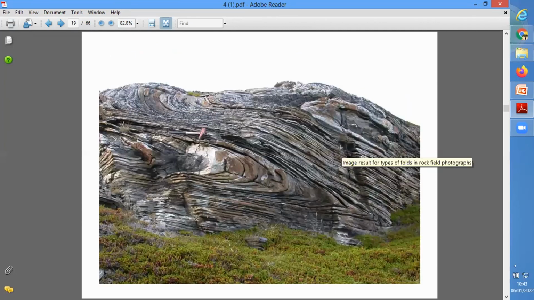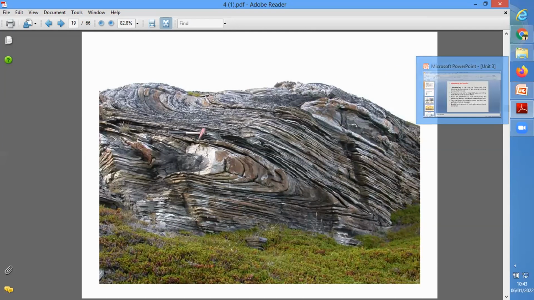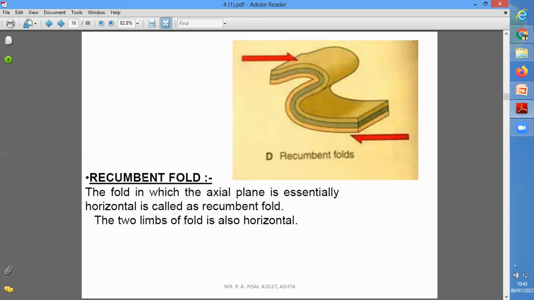Now which type of the fold is this? This is the recumbent type of the fold. Recumbent means that we have discussed at the last. This is the recumbent fold where the axial plane is essentially horizontal. The two limbs are also horizontal.